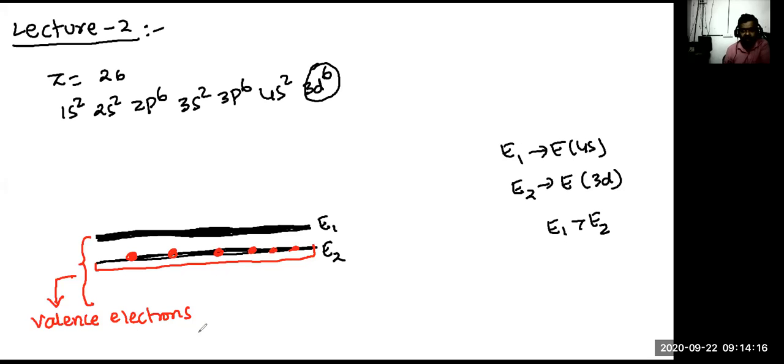Hence, this band can be called the valence band.